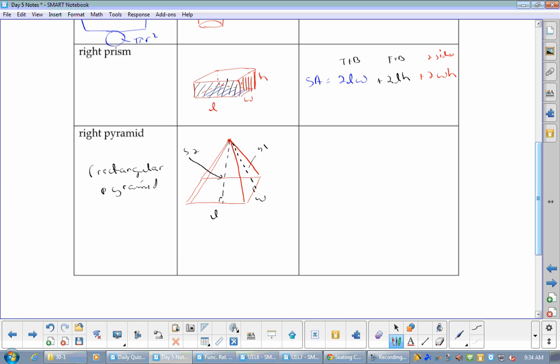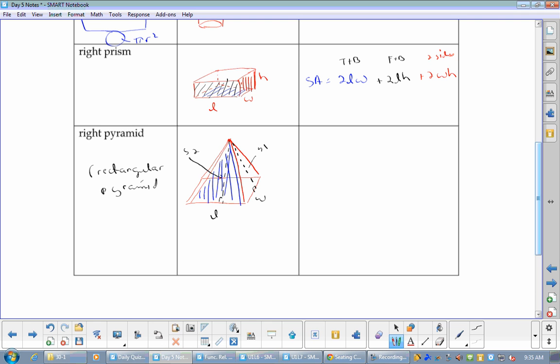So now let's talk about the front. Now, the front, well, how do you find the area of a triangle? Okay, so 1/2 ab. What's our altitude in that front? S2.